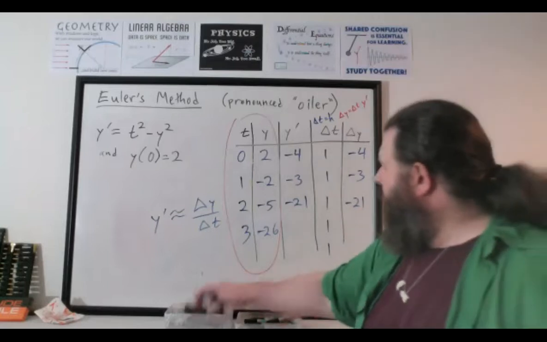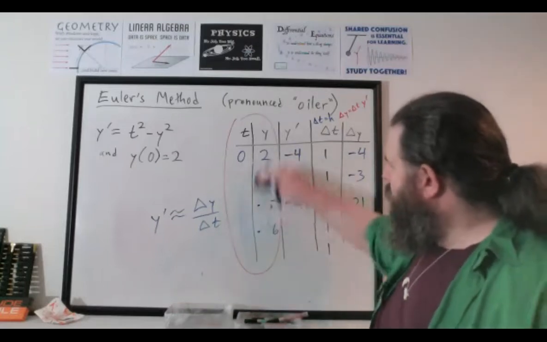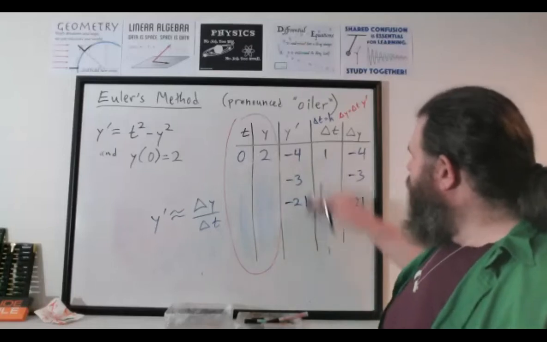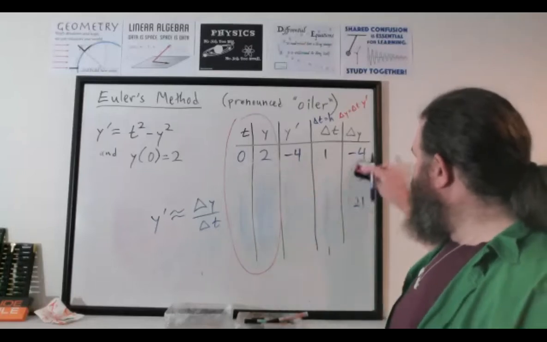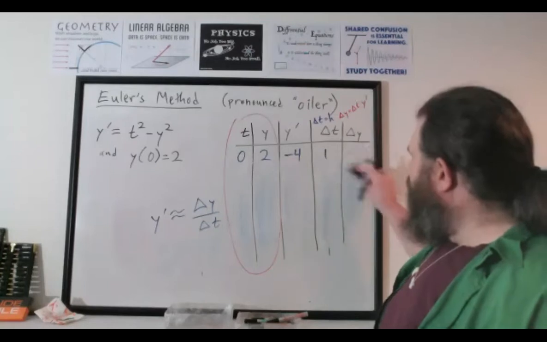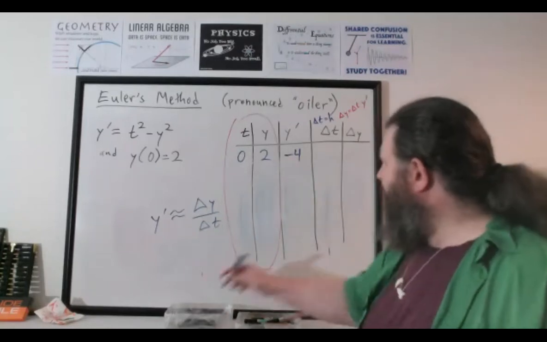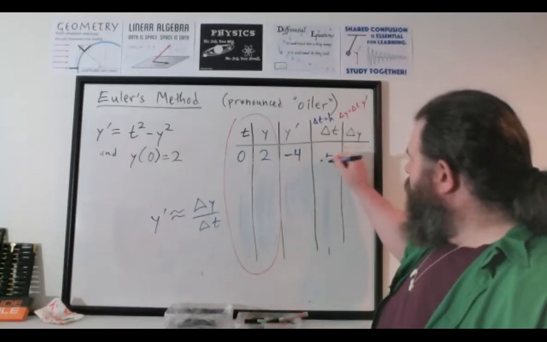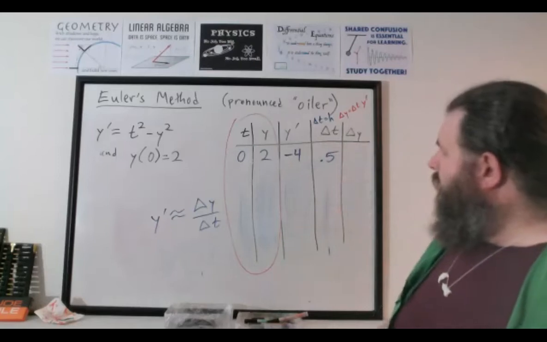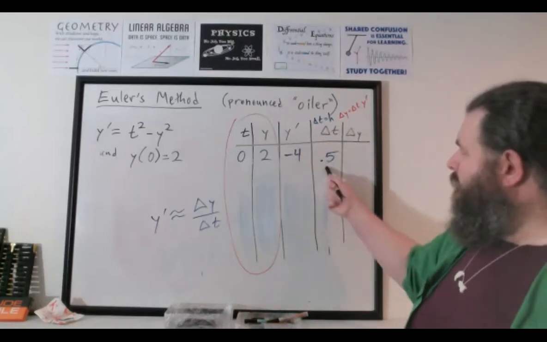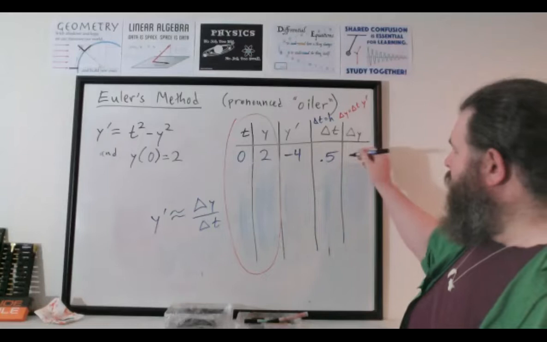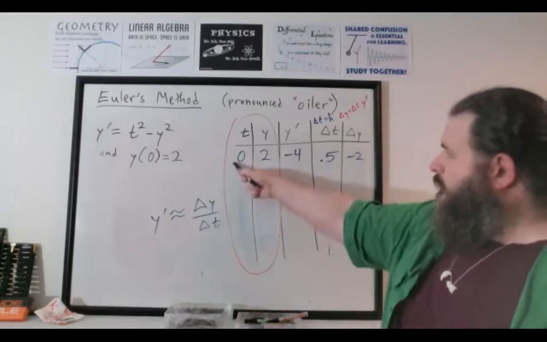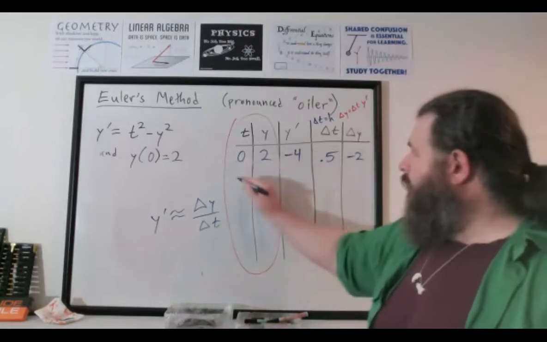So for instance, let's say we tried the same process, but let's say we made delta t 1/2 instead. In that case, y prime times delta t would be -2 instead. So from 0, we're going 0.5 forward.